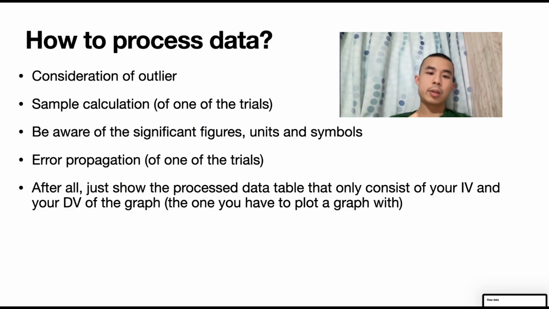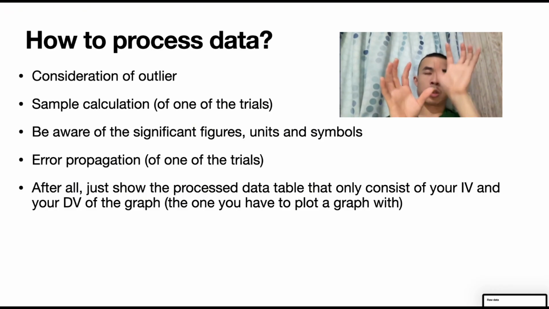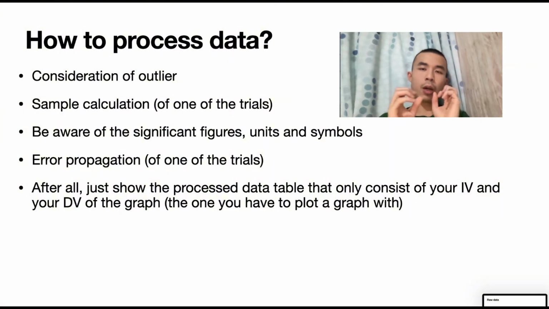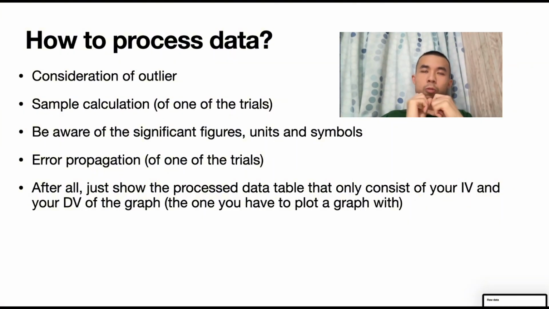Now, after all, you should have a processed data table that shows the x-axis and the y-axis of the graph. For example, if you want a graph with natural log k against 1 over temperature, then in the data table there should be a column for natural log k, maybe with its uncertainty as well, together with 1 over T and its absolute uncertainty.